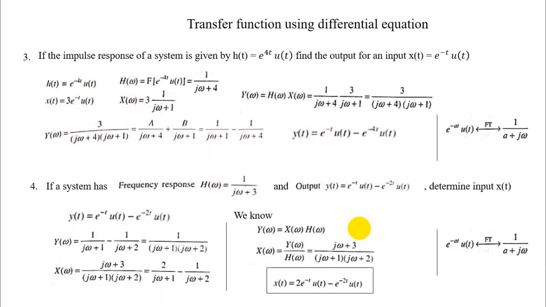When you are asked to determine the output, you need to have the transfer function and the input. When you are asked to determine the input, you need to have the transfer function and the output.